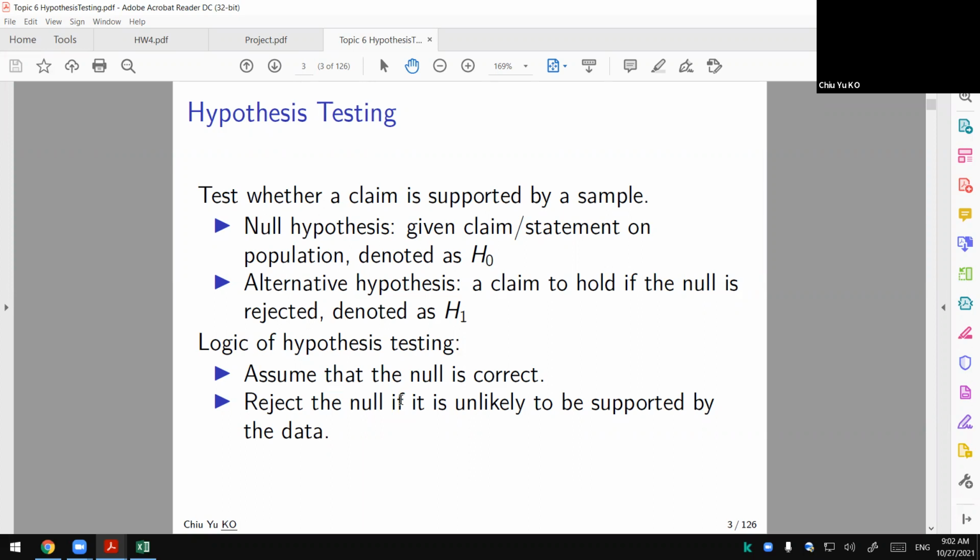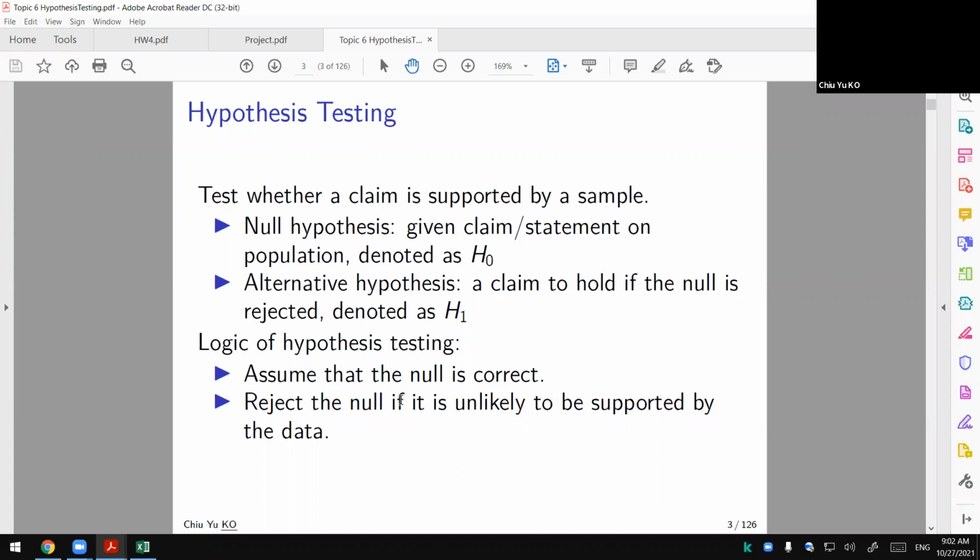This is the alternative. Okay, go back to the rice or milk product example. You are doing quality control on 5 kg rice. The null you want to test is that it is 5 kg. The population mean is 5 kg.